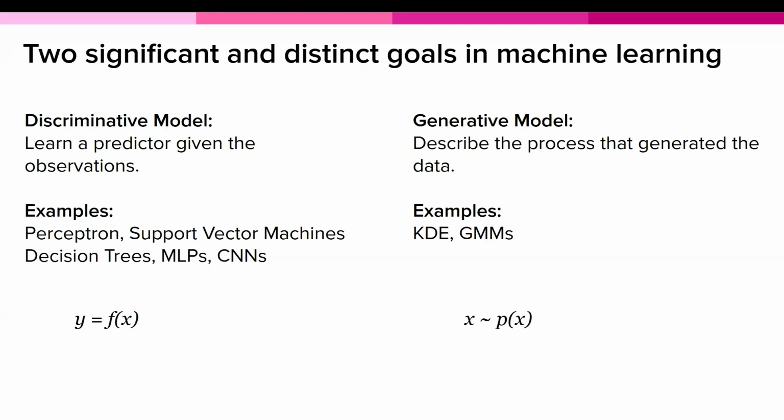But for most of this course, we've been spending a lot of our time thinking about what can really be collectively called discriminative models. In a discriminative model, the goal is to learn a predictor given a set of observations.